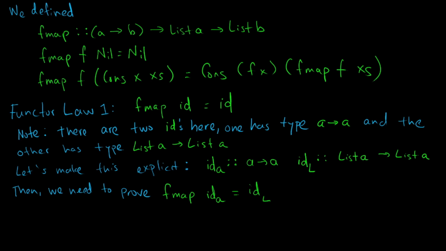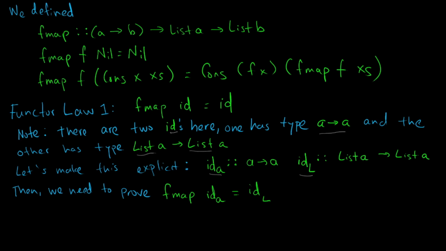Remember, the first functor law is that fmap respects the identity, but one thing to note here is that the two identity functions have two different types. One has type a to a, while the other has type list a to list a. So for our proof, let's make this explicit, and we'll do id_a for the identity on a, and id_l for the identity on list.